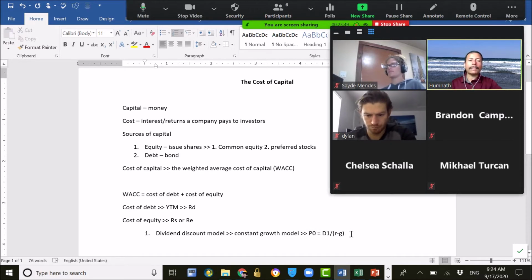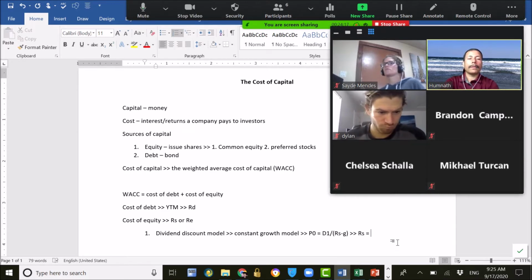So if you manipulate this equation and solve it for the rate, which is R sub S, what happens is R sub S equals D1 divided by P0 plus the growth rate.